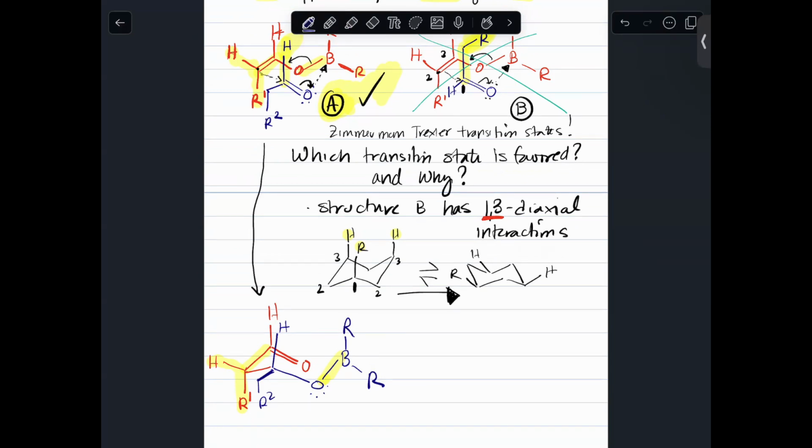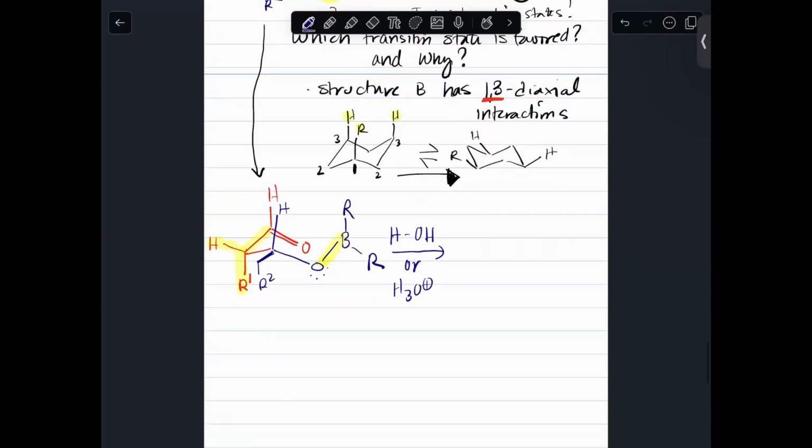Then, of course, I add water or a proton source, which can be an acid. And I protonate my oxygen. And again, I'll do the same thing. I'll color code everything for you so that you can see where everything is coming from.